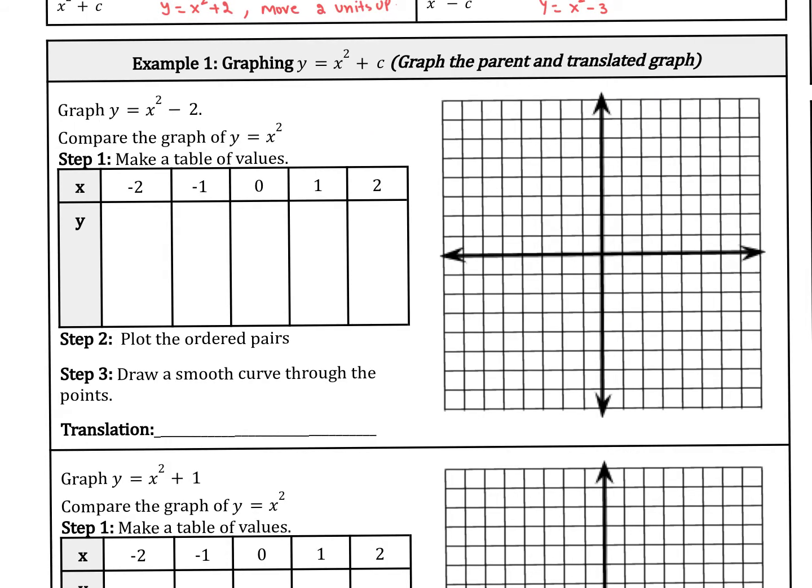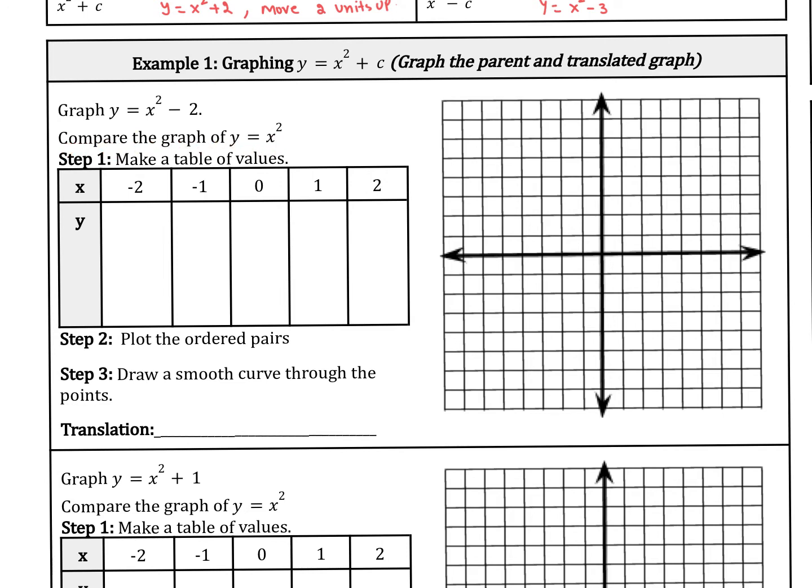Now we are going to do example number 1, graphing y equals x squared plus c. To make this graph, we are going to make a table of values, using these x values and plugging them in so that we can make the graph and compare with the original graph.